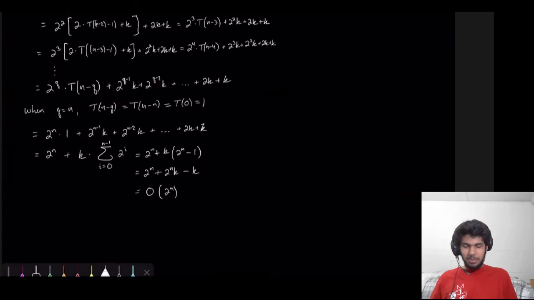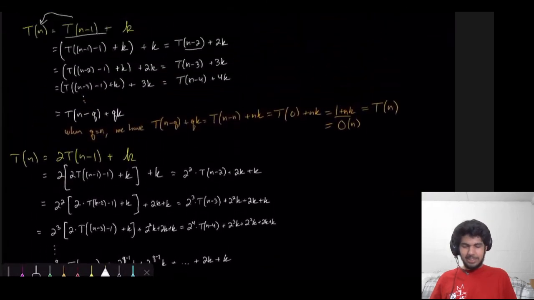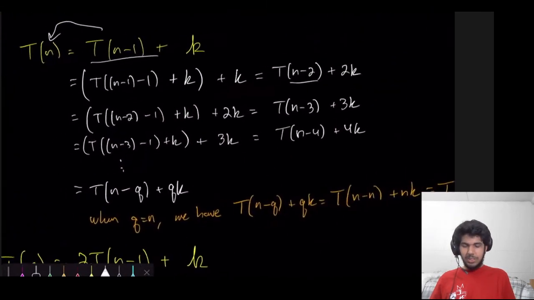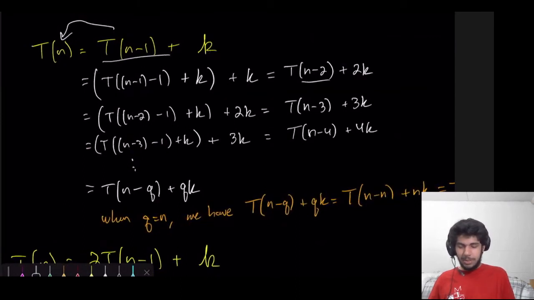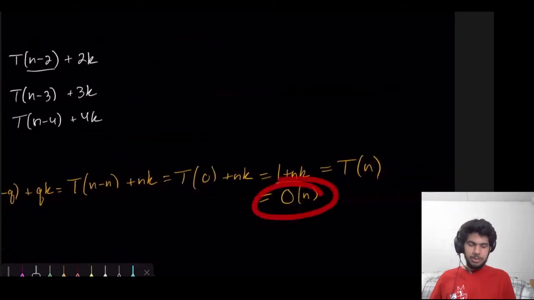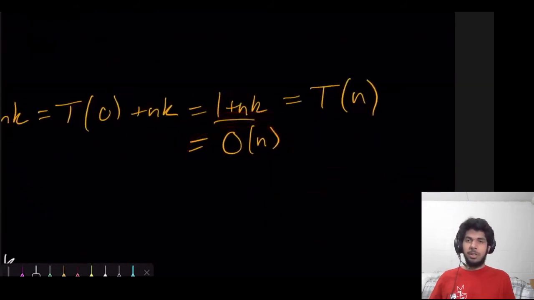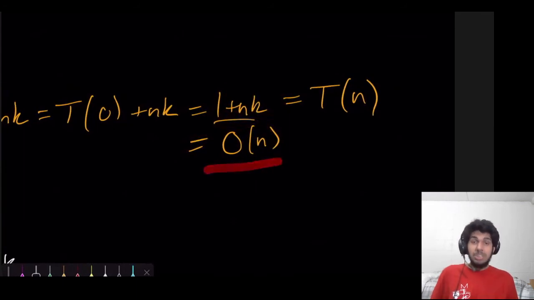So let's just take a moment to analyze the differences. In our previous example, without that constant 2 before it, we concluded that it was big O of n, which means the algorithm ran in linear time, which is really, really good.